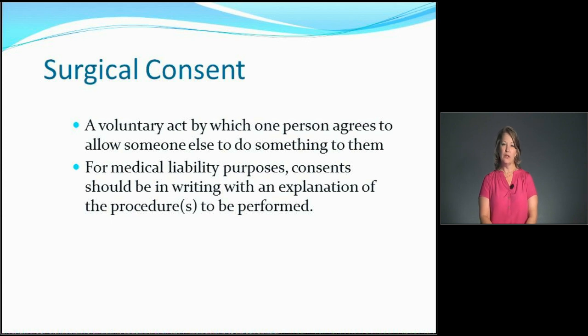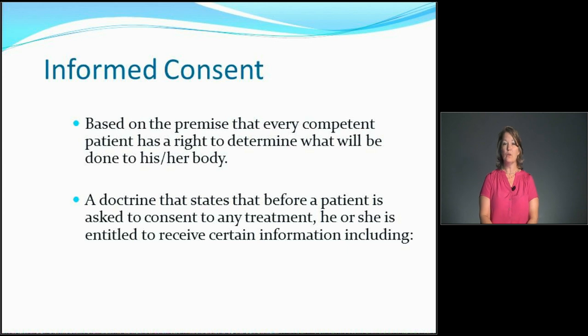Prior to a patient actually providing informed consent with the surgeon or the proceduralist, there are specific areas that have to be discussed between the proceduralist and the patient, or the surgeon and the patient.